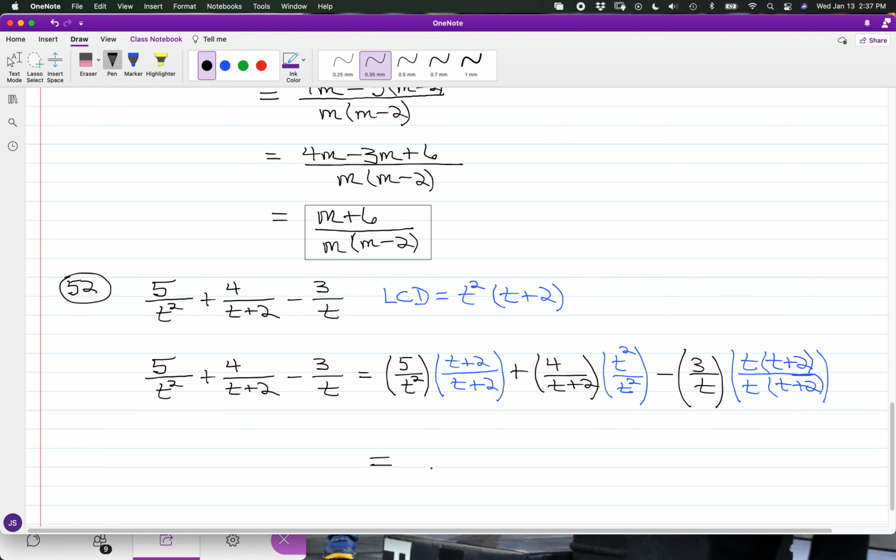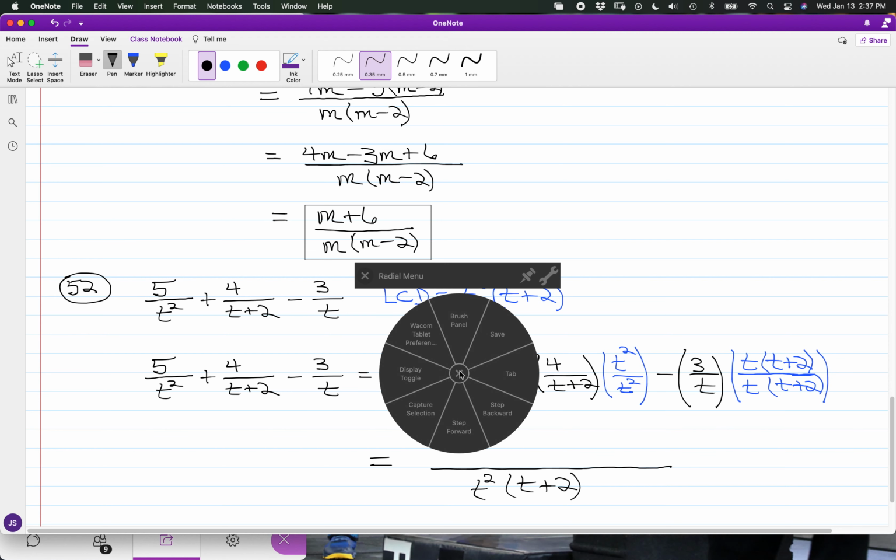And so for what we have here, all of the denominators will be in terms of the least common denominator. You have t squared times t plus 2, t squared times t plus 2, and t times t is t squared, and you still have times the quantity of t plus 2.